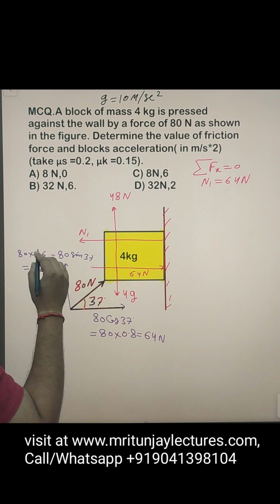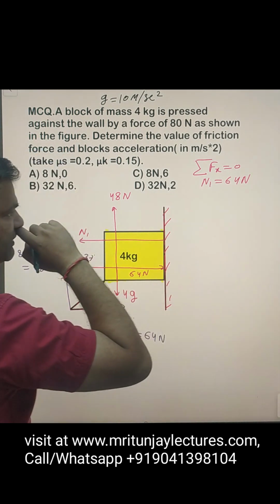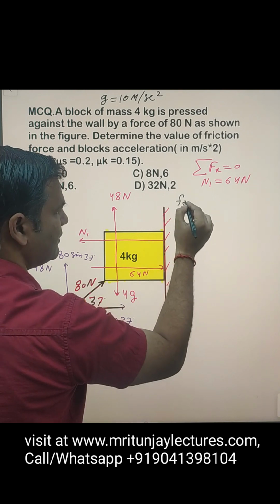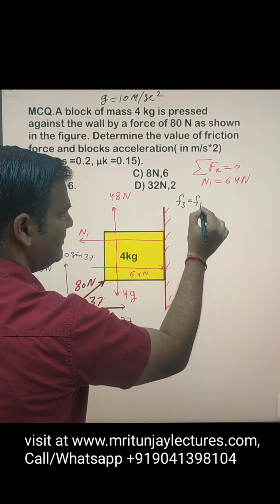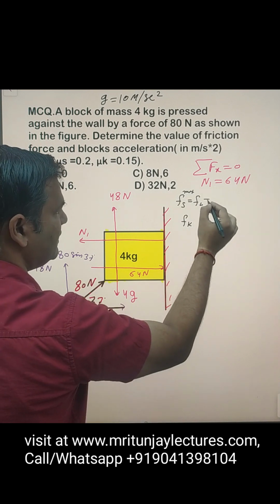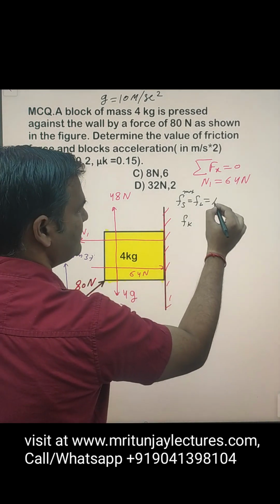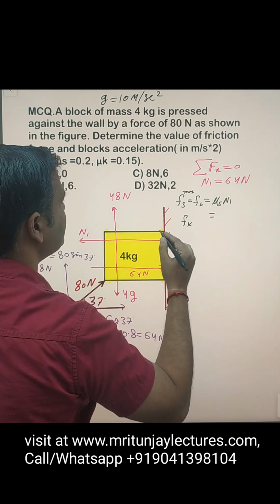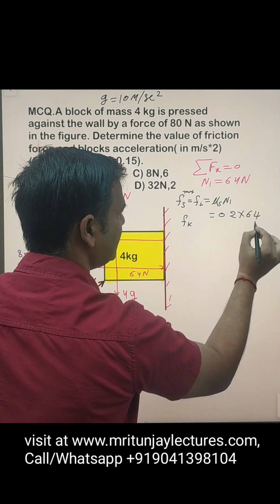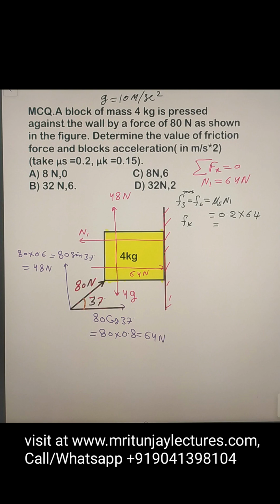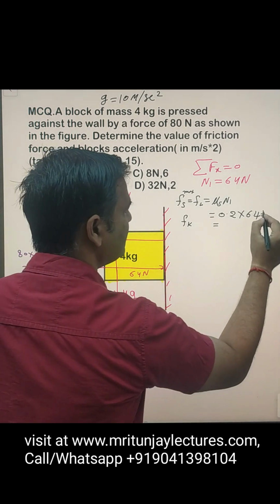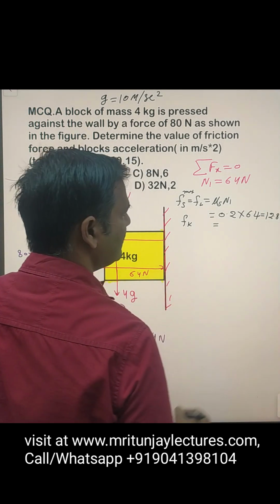Okay, and since N1 is 64 Newton, we can determine the static friction, or limiting friction, which is the maximum value of static friction. It is mu s into N1. Mu s is 0.2, N1 is 64, so that value is 12.8 Newton.